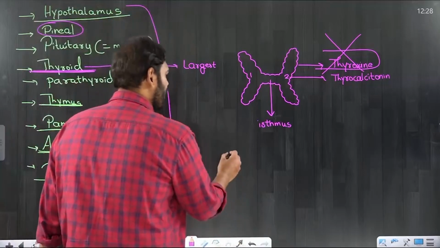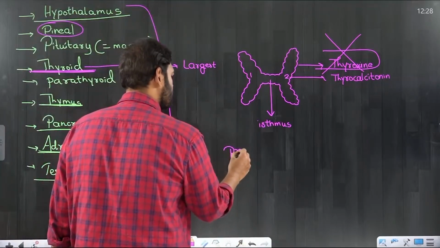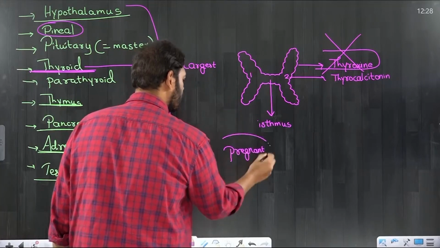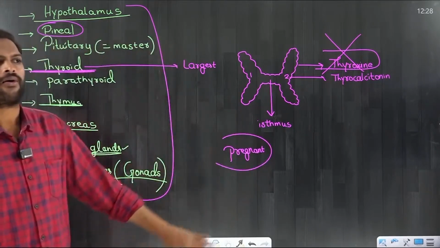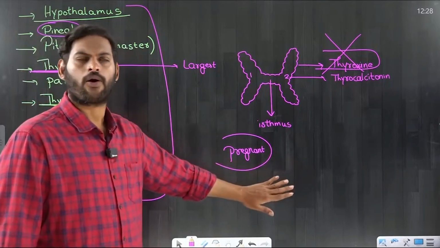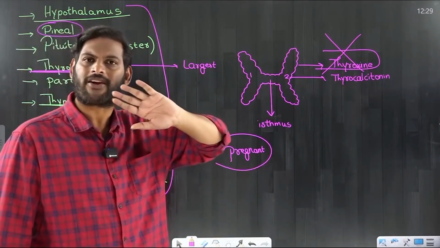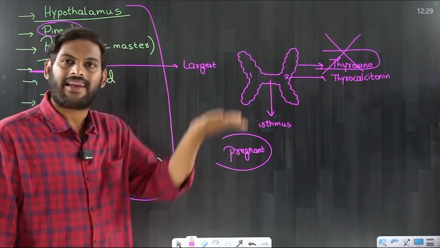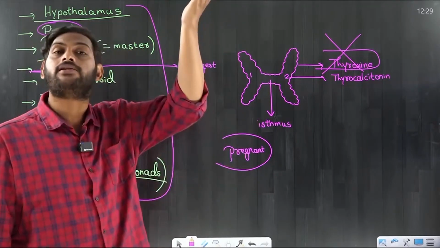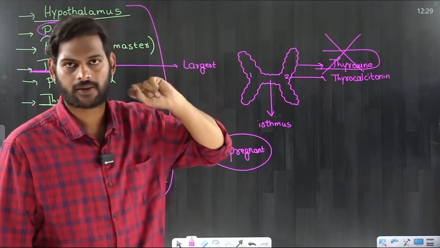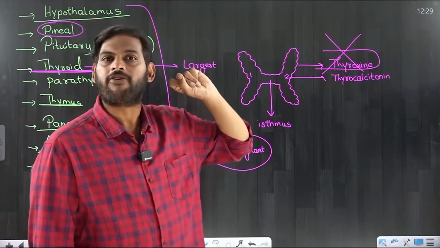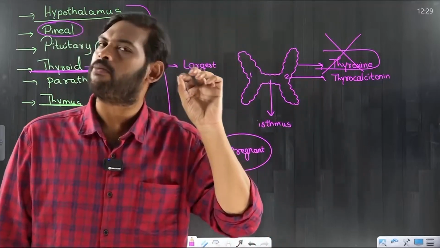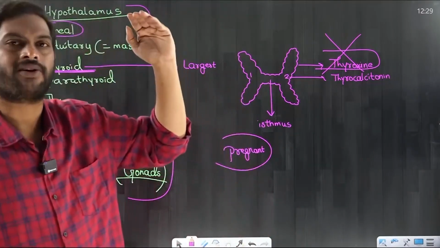Guys, listen. In case of pregnant females, without an exception, almost all pregnant females and mammals will have elevated, increased levels of hormones in their blood. When they get their blood checked, every hormone will be in more concentration.